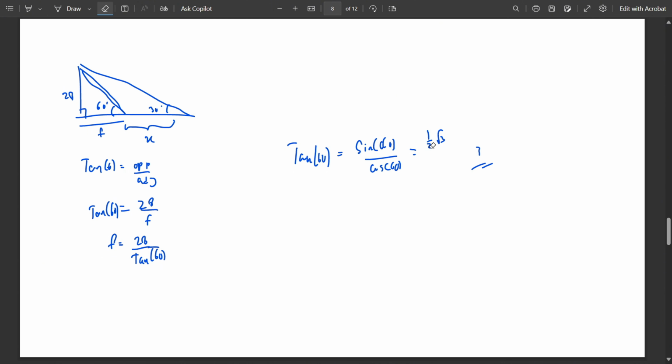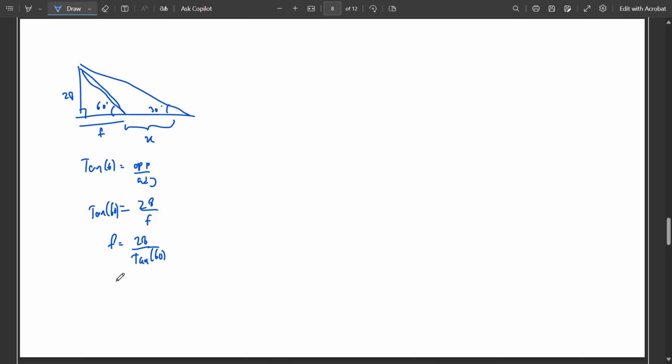So let's just use our calculator here. So our f here is 28 over tangent of 60.